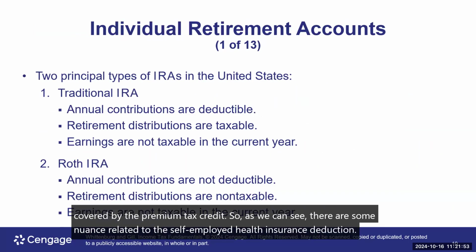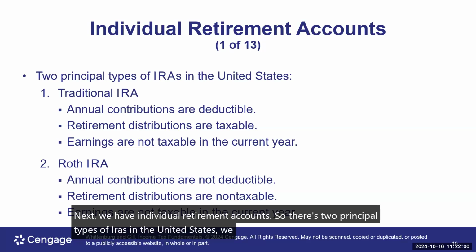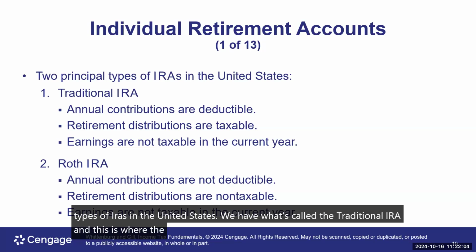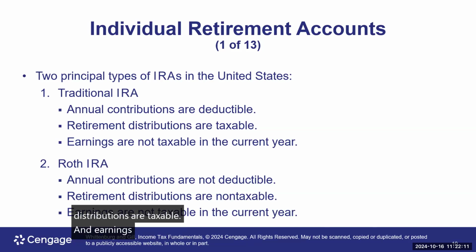Next, we have individual retirement accounts. There are two principal types of IRAs in the United States. We have what's called the traditional IRA, where the annual contributions are deductible, retirement distributions are taxable, and earnings are not taxable in the current year.